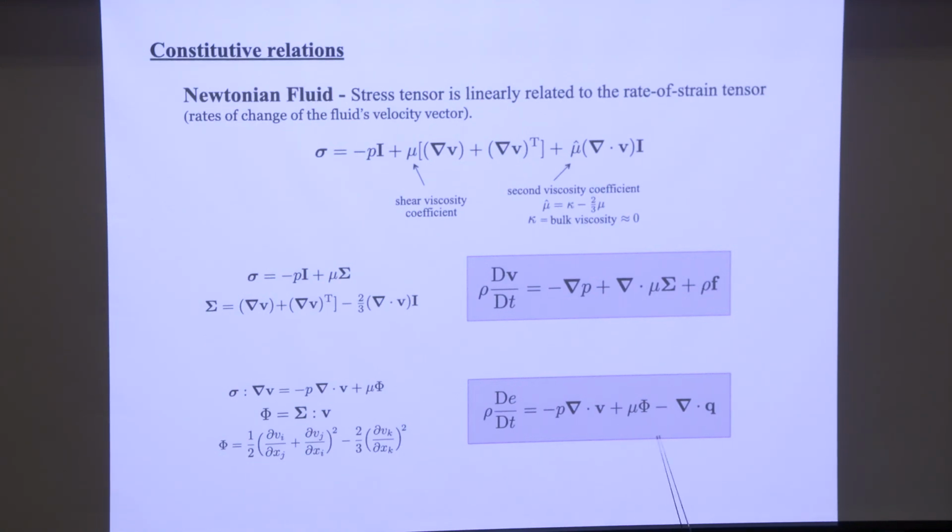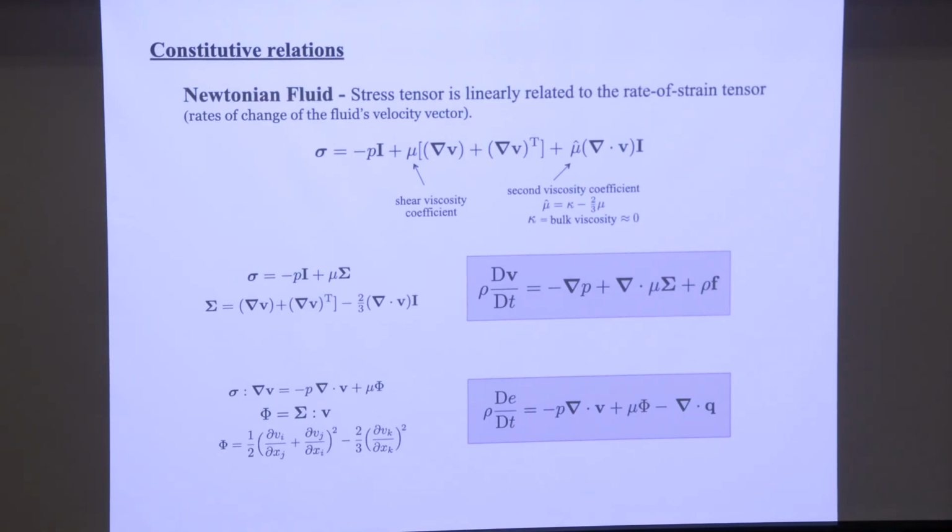We will come back to it to see its importance in combustion systems. So again, you have this term which comes from the work done on the fluid particle, the viscous heating, and the heat flux as before.